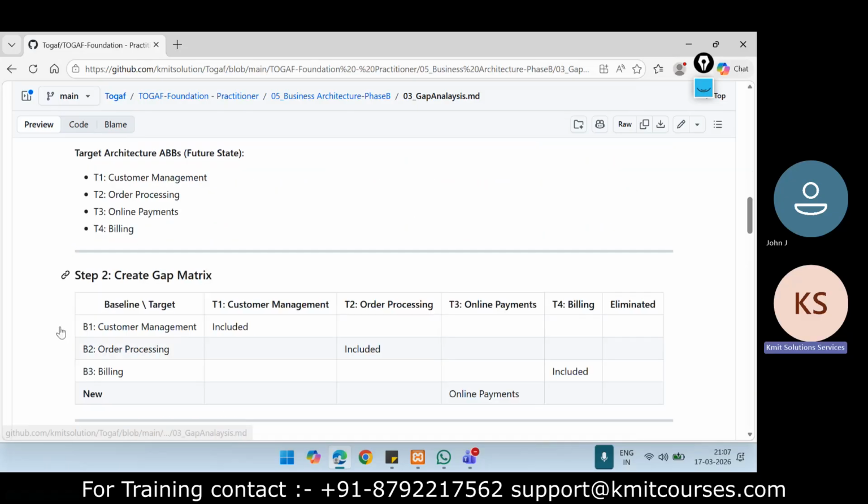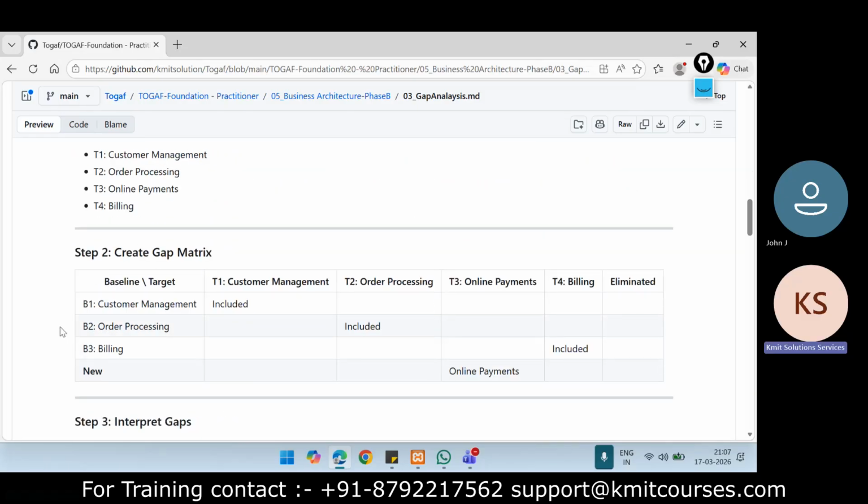For example, if we take this one, this is the gap matrix where B indicates baseline and T indicates target. So customer management is in the baseline and is included in the target also. In the target we have order processing, which is also included in the baseline architecture.